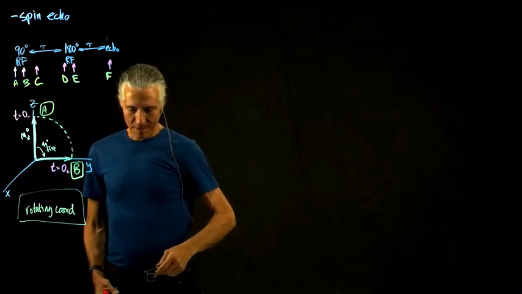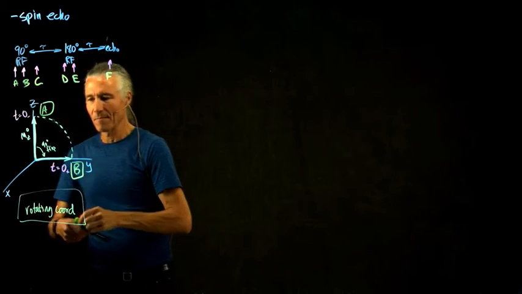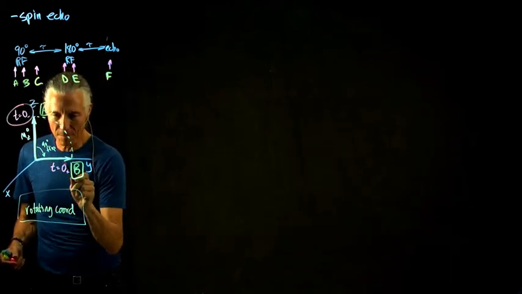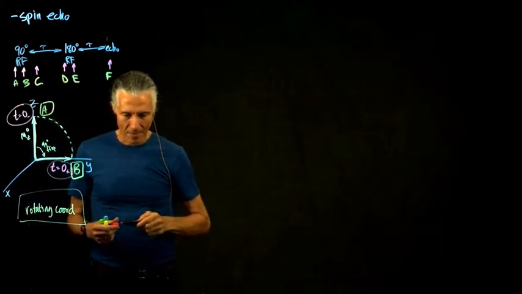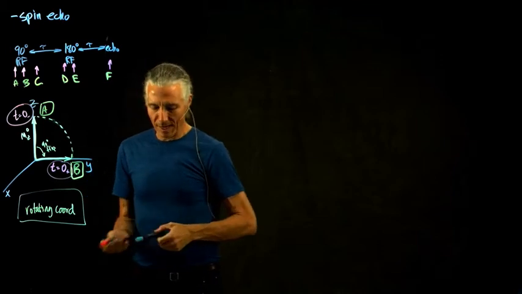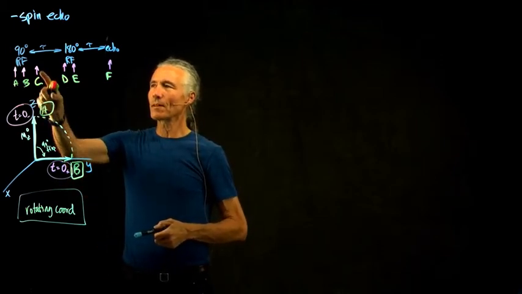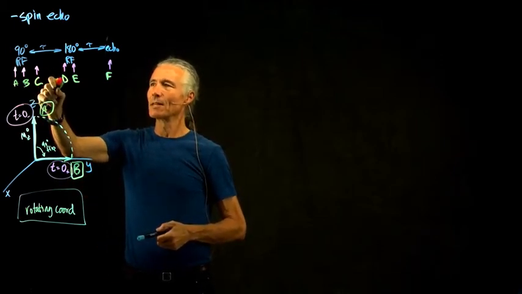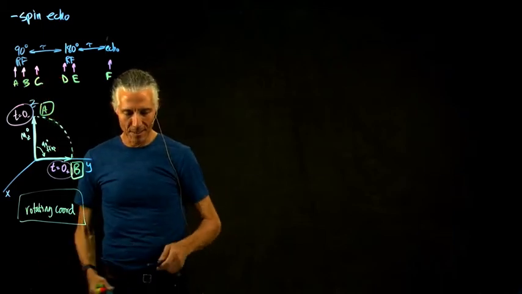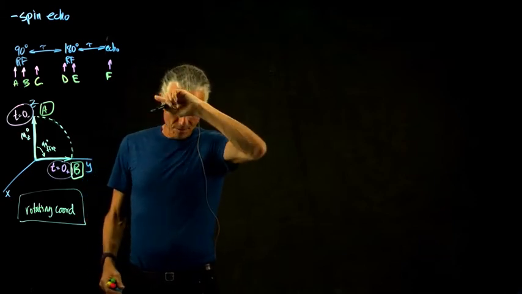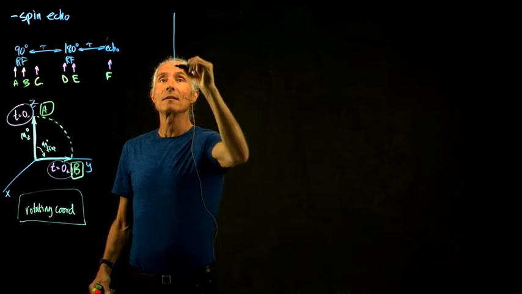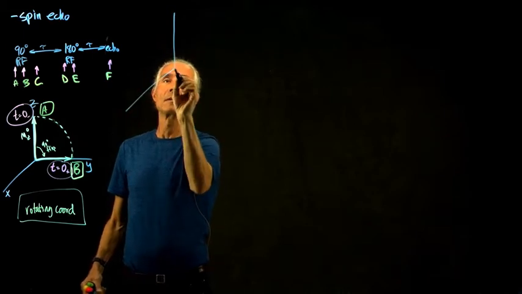So here's just right before the flip, right after the flip, and now we're going to be somewhere in the range of soon after the flip, so we can still see the vectors. They're not all completely jumbled up. So this guy is here, here, here.